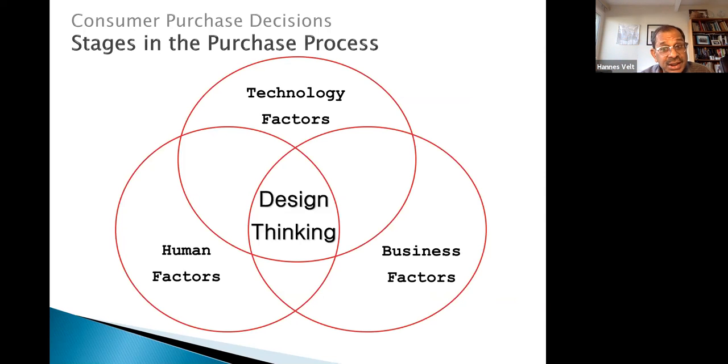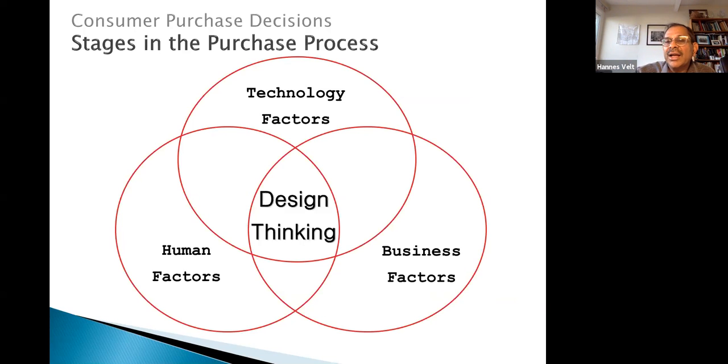Ease of use is another important thing. In all technology products, we can benefit from simpler ease of use. And now, many universities are actually incorporating all these three areas. So traditionally, the technology factors have been taught by engineering departments.